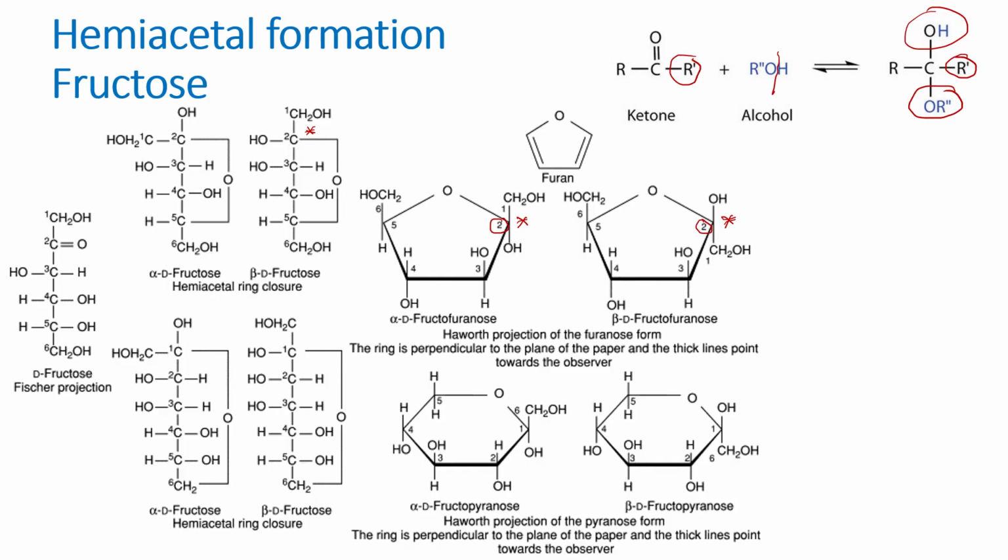So usually there will always be a confusion between the fifth carbon and the second carbon. So when you see the fifth carbon, you have a hydrogen and then you have a CH2 group and the oxygen bonded. Hydrogen, the alcoholic group, and then oxygen bonded. Whereas when you see the second carbon, you have the CH2OH.